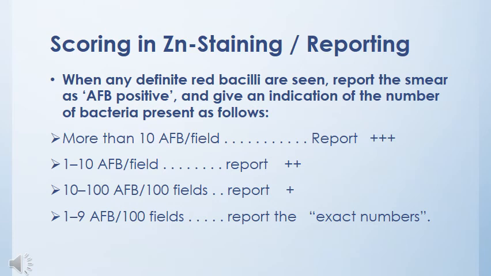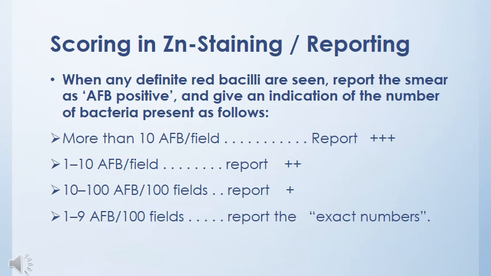If we study 100 fields and find a minimum of 10 acid fast bacilli per field, then we say ZN acid fast bacilli 3 plus in this sample or in this patient. So this is the reporting criteria.